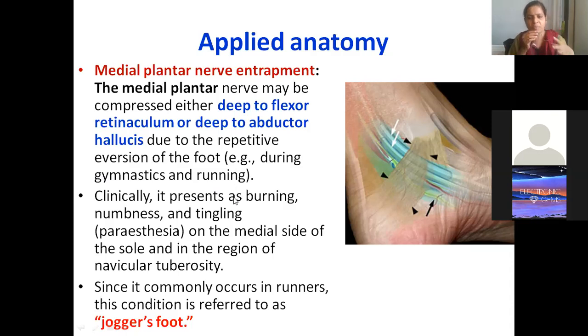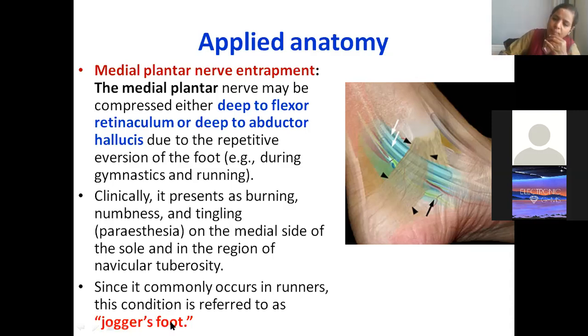Whenever this nerve is compressed, the patient presents with burning, numbness, tingling, that is paresthesia on the medial side of the sole, the distribution we just saw, 3.5 digits. Especially in the region of the navicular bone, that is navicular tuberosity, occurring in runners and also gymnasts. So this condition is referred to as jogger's foot.